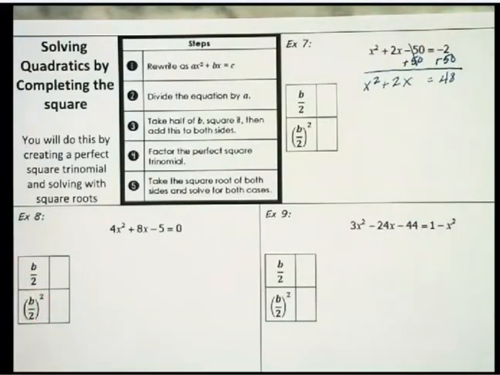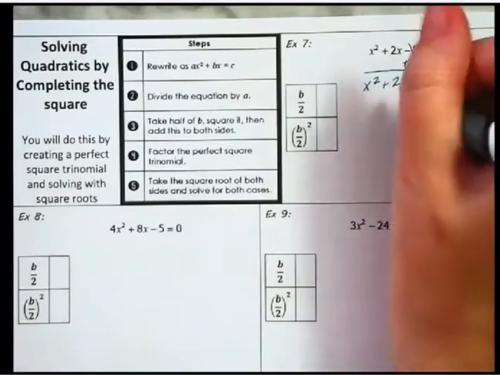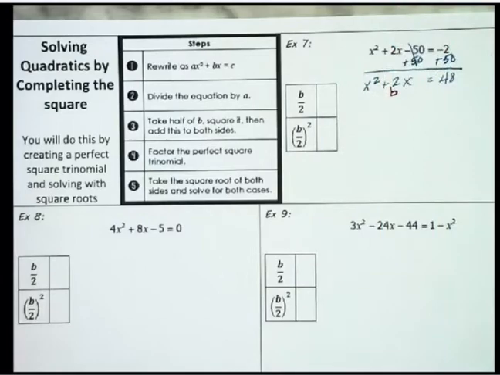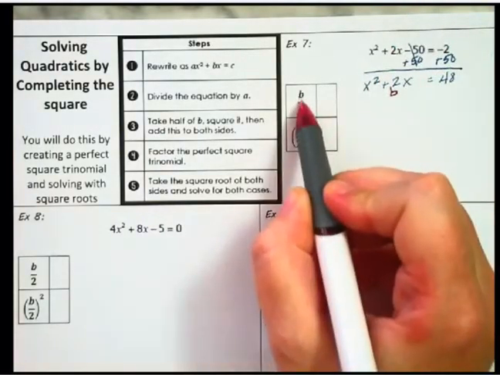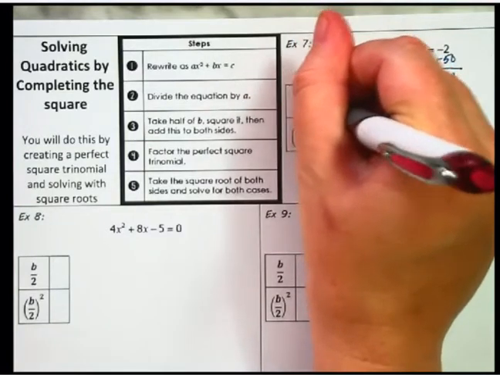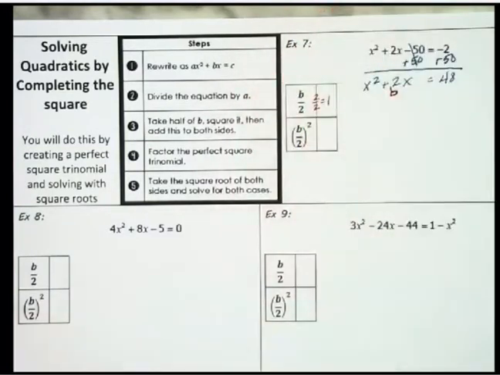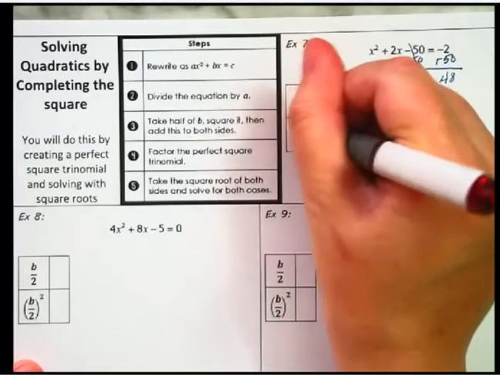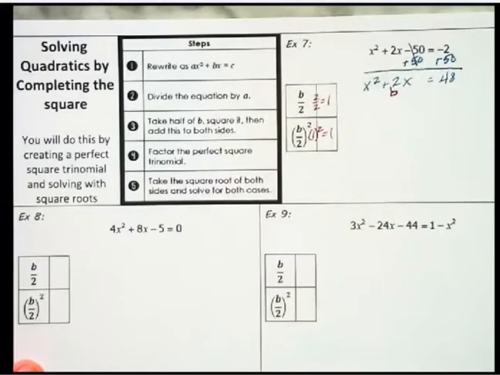Now I am going to use this 2. This is my B term. So I am going to do B divided by 2. 2 divided by 2 is 1, and then that 1 squared equals 1. I will end up using both of those numbers.